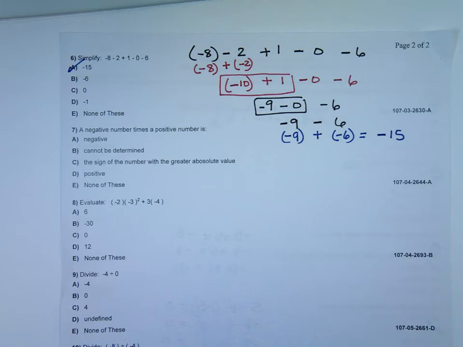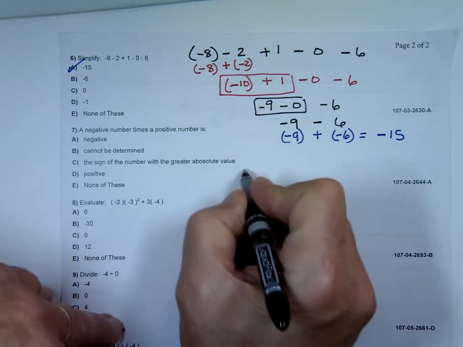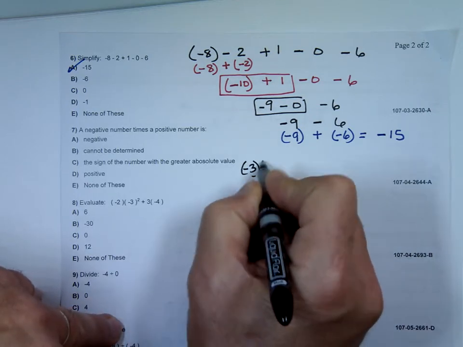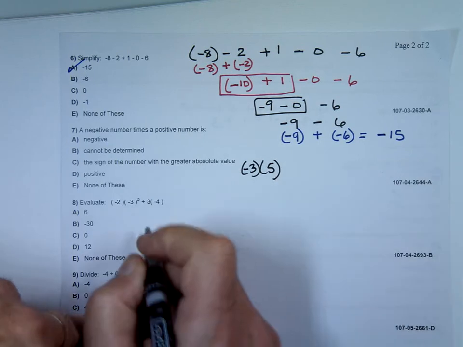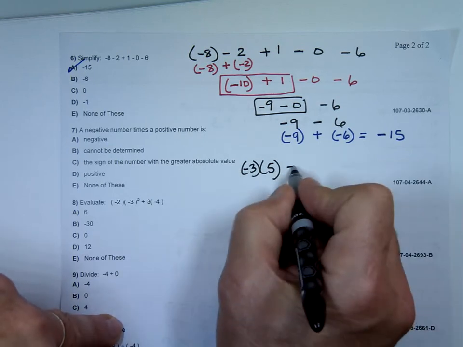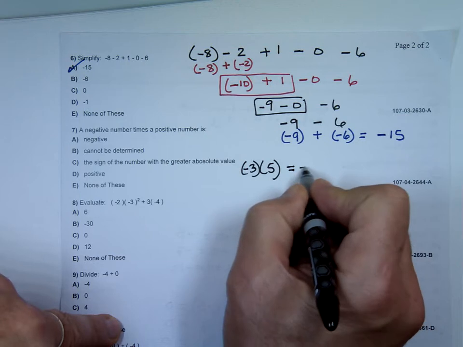Question number 7. A negative number times a positive number. Let's try a few of them. What's -3 times 5? Different signs, the result is what? Negative.